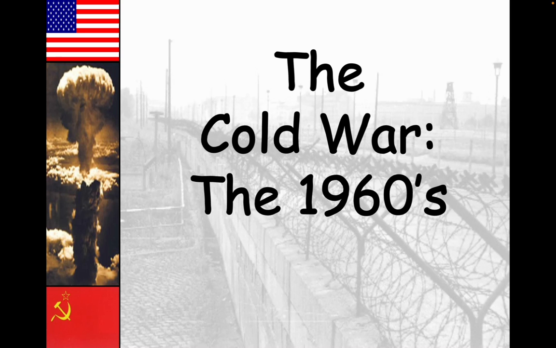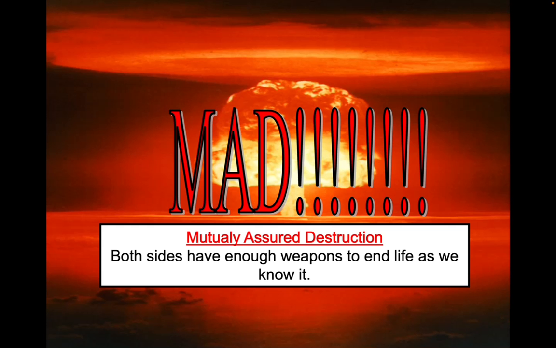Both sides are fighting across the globe, having seen conflict in China, Korea and the Middle East. And the threat of nuclear destruction is at its height because of the missile technology and the development of the hydrogen bomb. So the 60s is where we begin to see some changes.